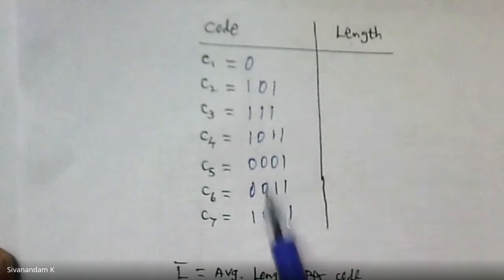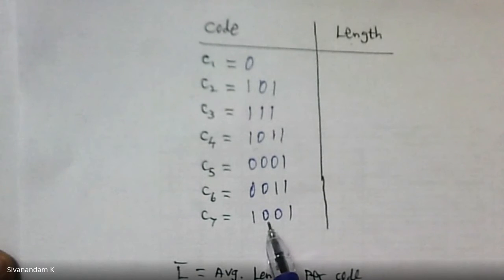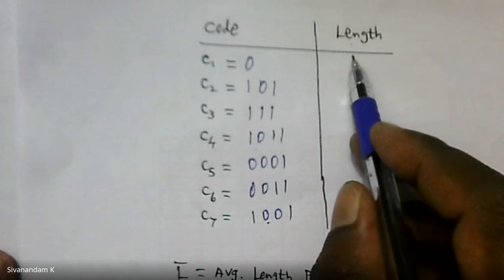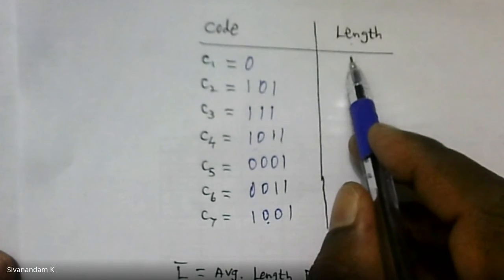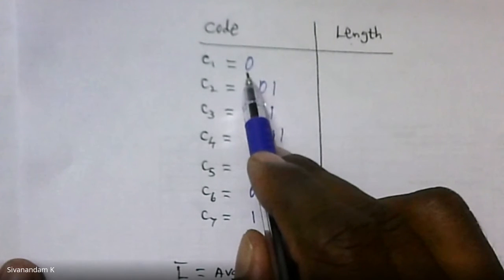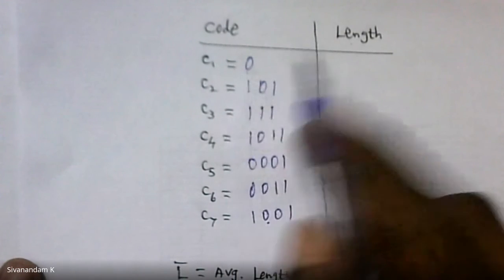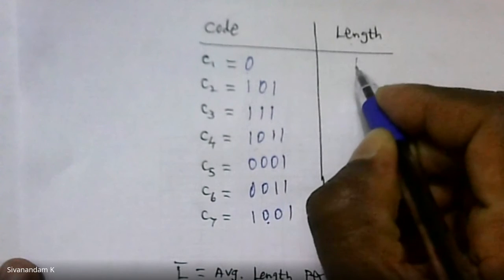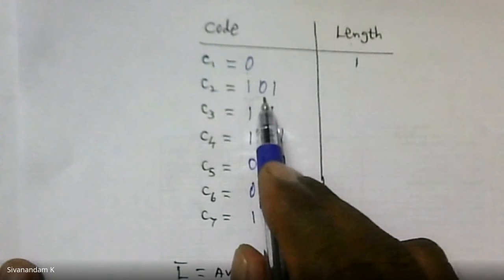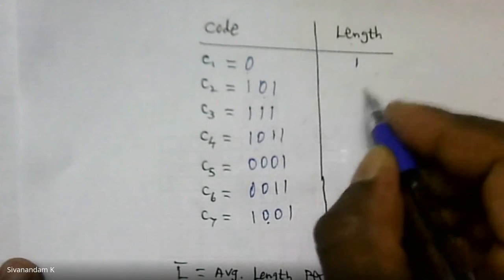So the first column is clear, the coding from the previous tabulation. Now find the length of each and every coded message. The first message carries only one binary digit, so the length of the coding is 1. Then second message carries 3 binary digits, so length is 3.